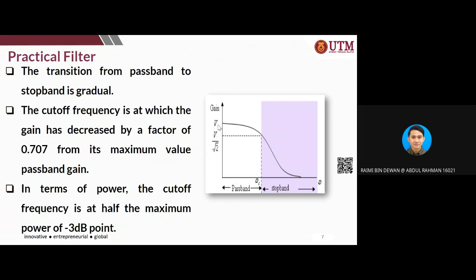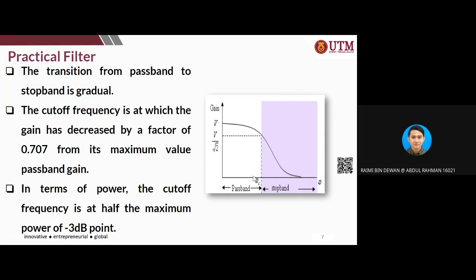To make it simple, we assume this is 1 for your understanding. So the cutoff frequency is at which the gain has decreased by a factor of 0.707, which is equal to 1 over square root of 2, from its maximum pass band gain.